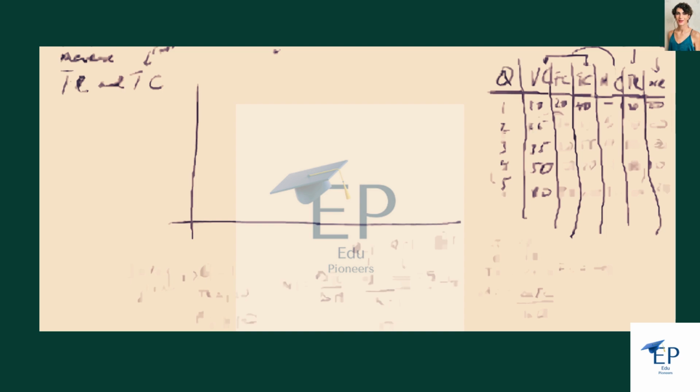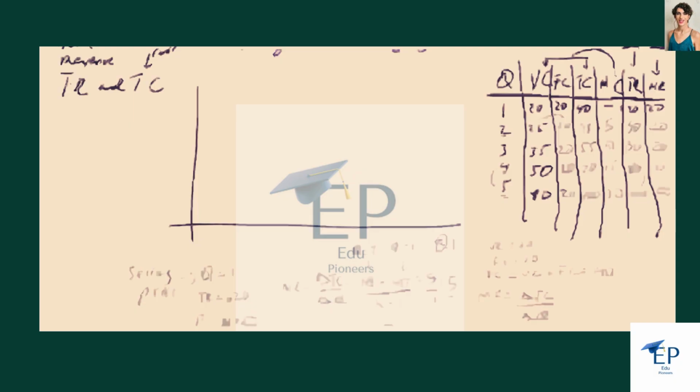That's the data we have, and looking at our graph, we can say, well, on the x-axis, we have quantity. And then on the y-axis, we have total revenue or total cost.